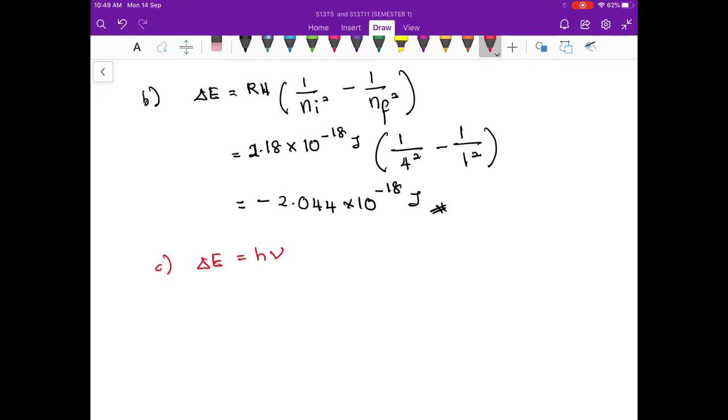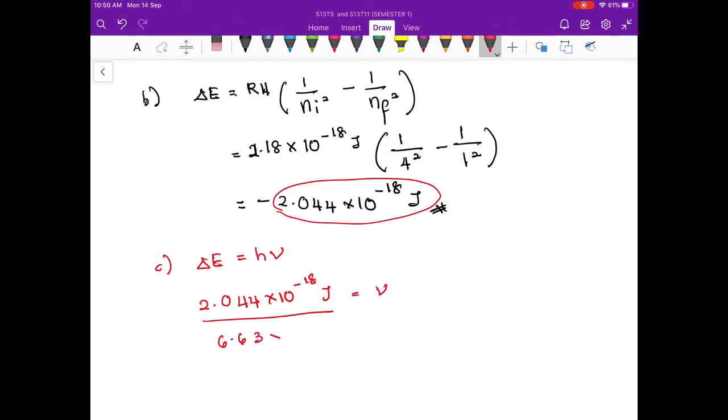We already have the delta E, but make sure we use the value only. So the frequency is 3.083 × 10^15 hertz.